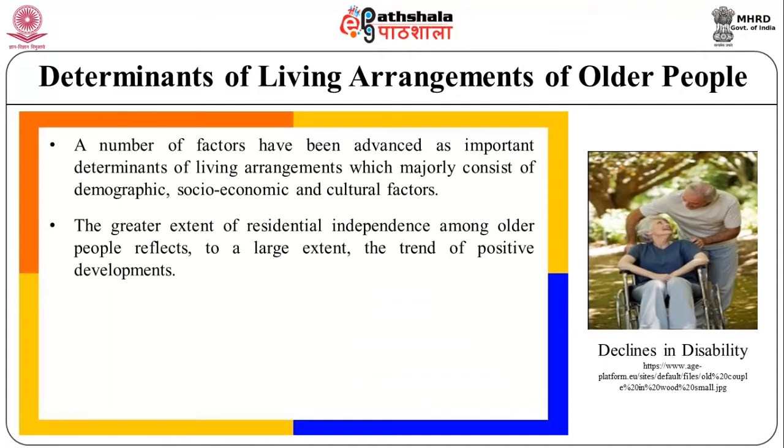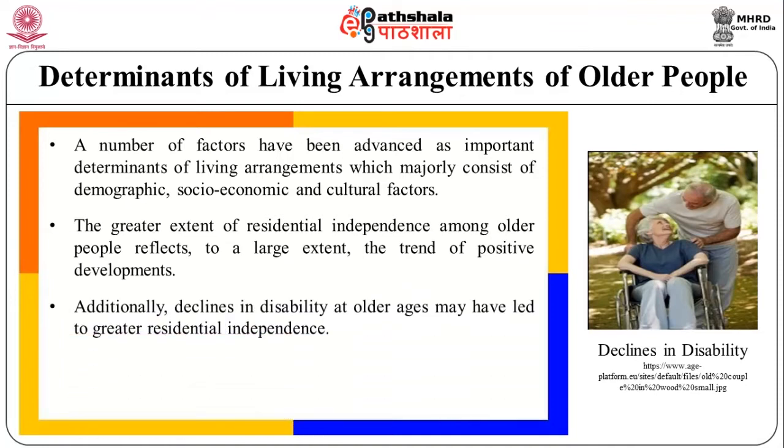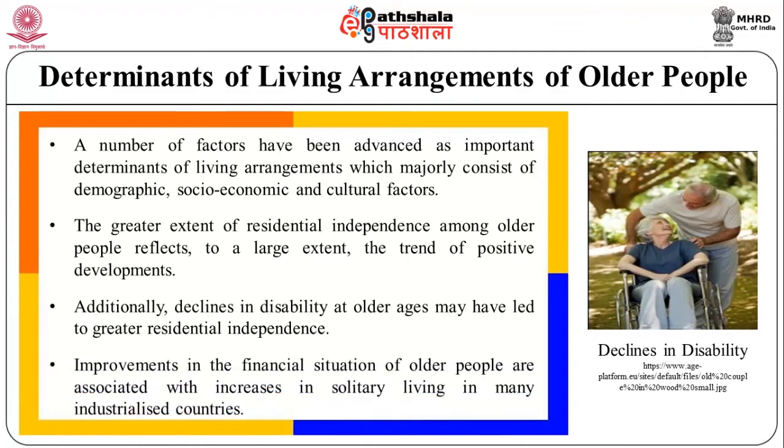For example, few previous studies claimed that recent improvements in male longevity meant that older women are more likely to remain living without a spouse in later life. Additionally, declines in disability at older ages may have led to greater residential independence. Finally, improvements in the financial situation of older people are associated with increases in solitary living in many industrialized countries.